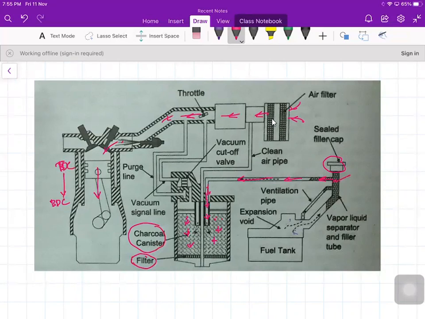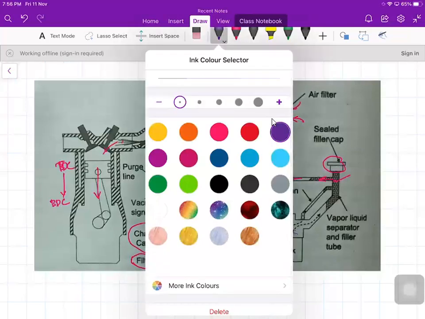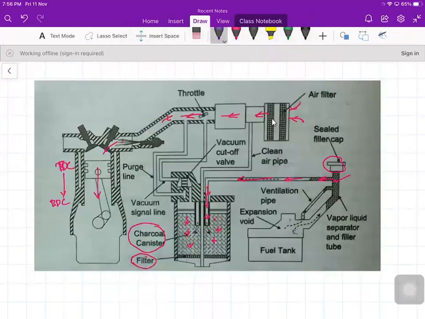At the same time, it also has an effect on the charcoal canister. Whatever hydrocarbons are absorbed by the charcoal will be released because of the negative pressure, into this.